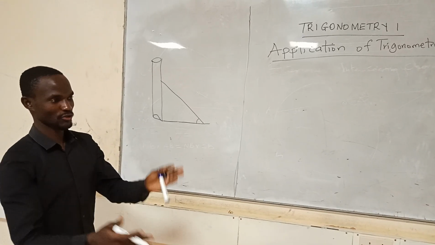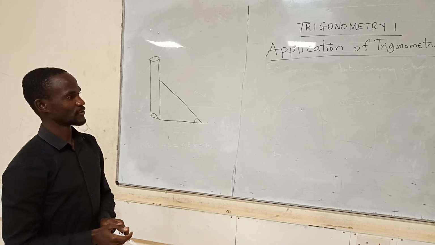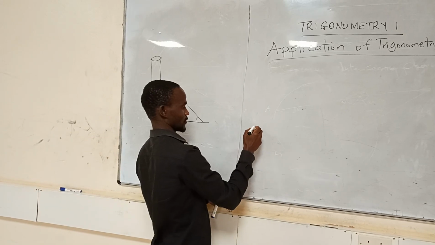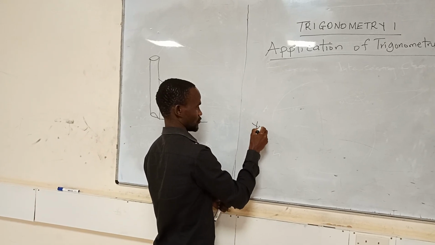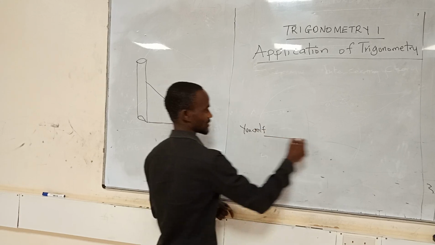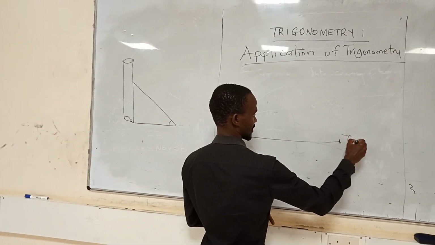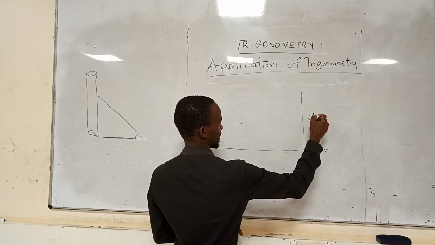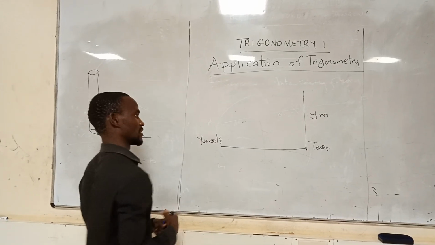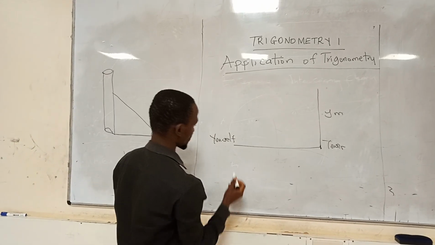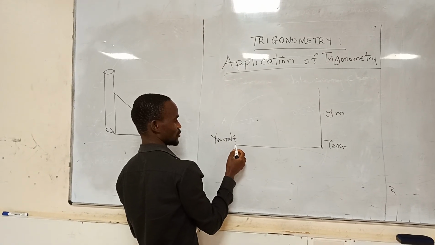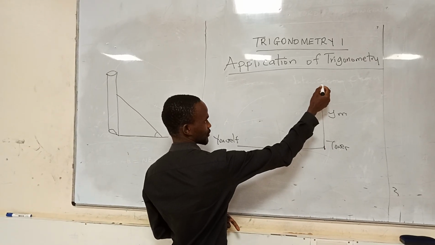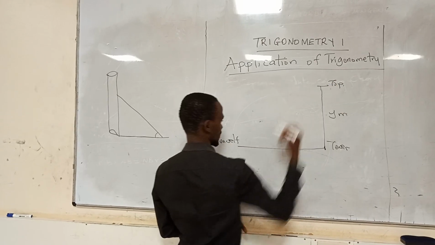So if, let's say, you have been given the measurement, maybe you are standing on a horizontal ground, and you are being asked the distance between yourself and a tower, and this tower is maybe y meters. Then someone is asking you at what angle you will be looking at this tower such that you can see the top part of the tower.